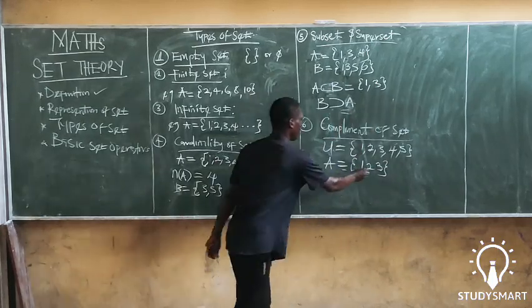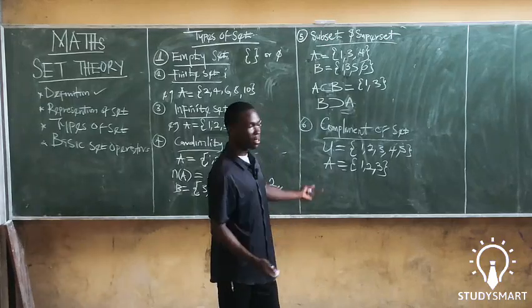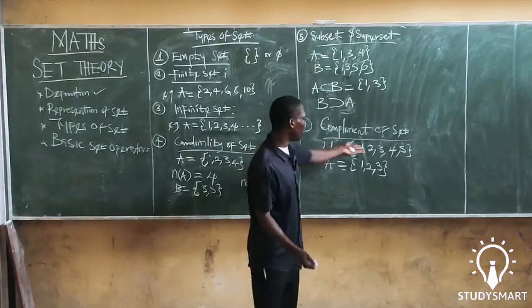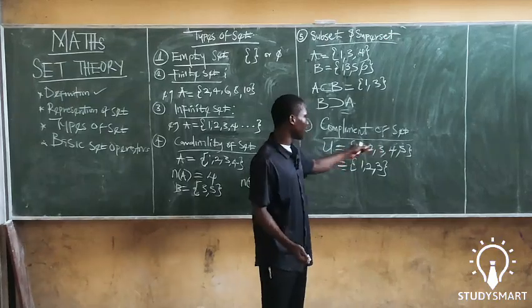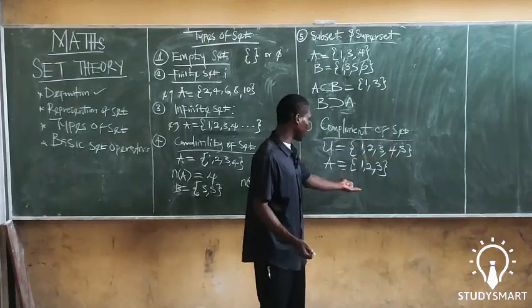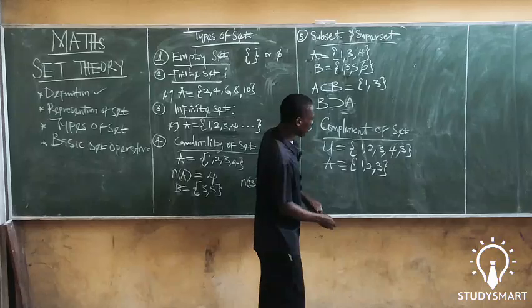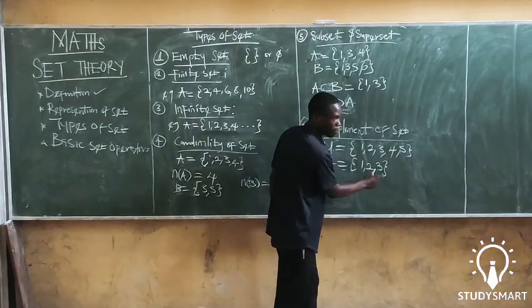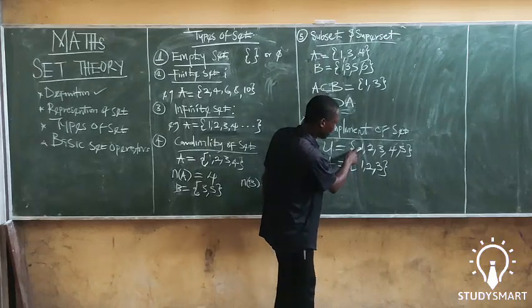So now don't forget, the complement of the set is the set of elements in the universal set that are not in A. So now I check here. I have 1 here.